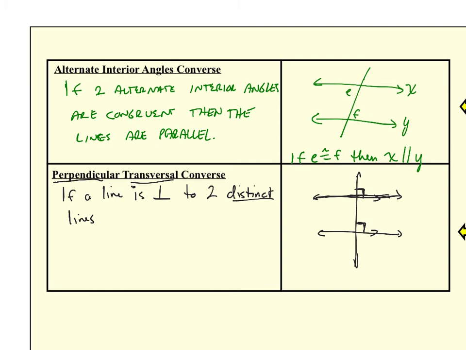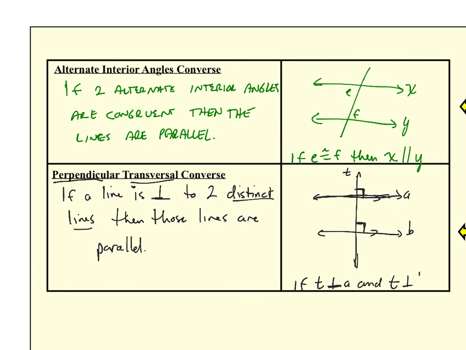So if a line is perpendicular to two distinct lines, then those lines are parallel. So if we call this T, A, and B, if T is perpendicular to A and T is perpendicular to B, then A is parallel to B.